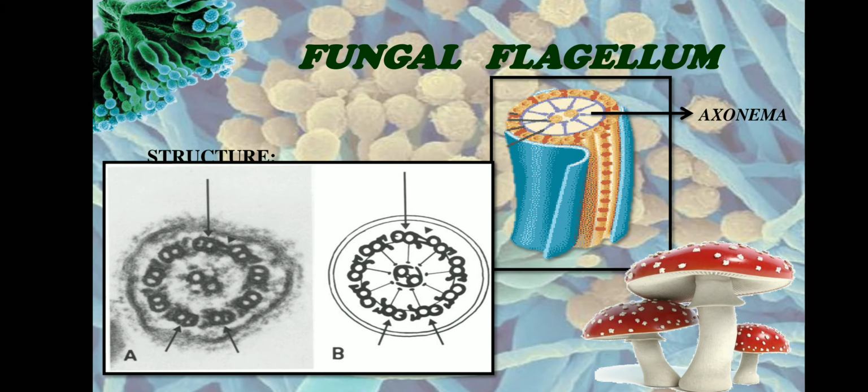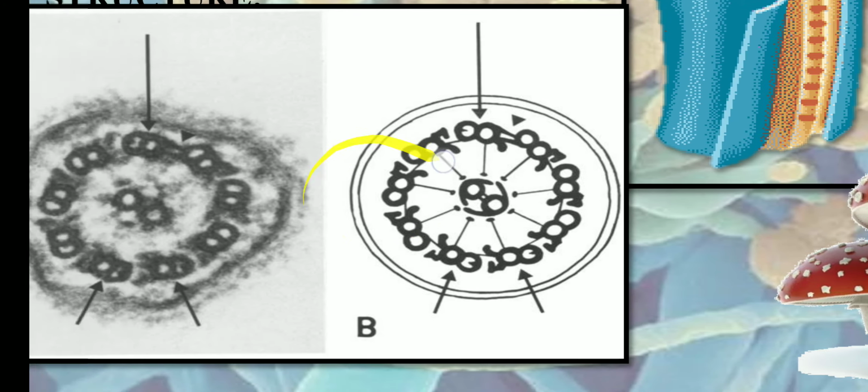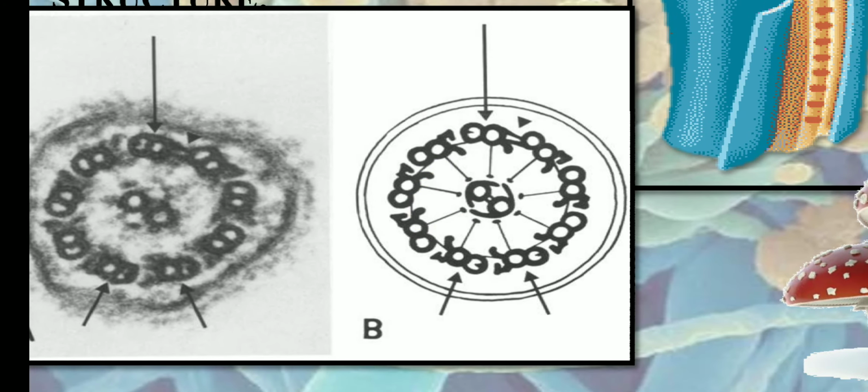Now if you see, the microtubules are arranged in this fashion. The peripheral region of the axoneme has 9 doublet microtubular structures, and in the central region there are 2 singlet microtubules. So we call it a 9+2 arrangement.